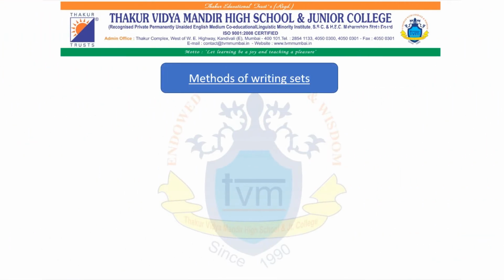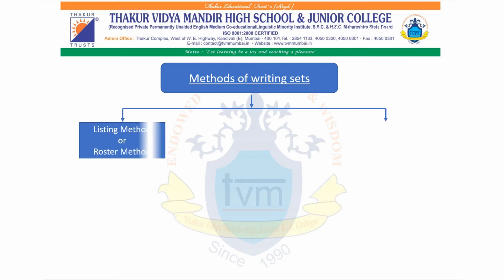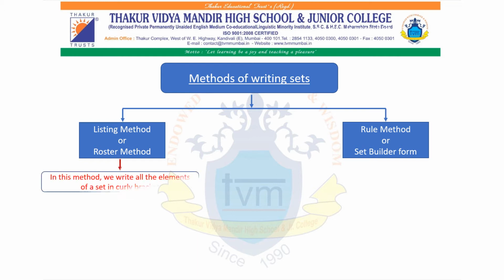Now we will learn methods of writing sets. There are two different methods of writing a set. First one, listing method or roster method. Second one, rule method or set builder form. These are the two different methods of writing a set. Let us see the listing method or roster form.